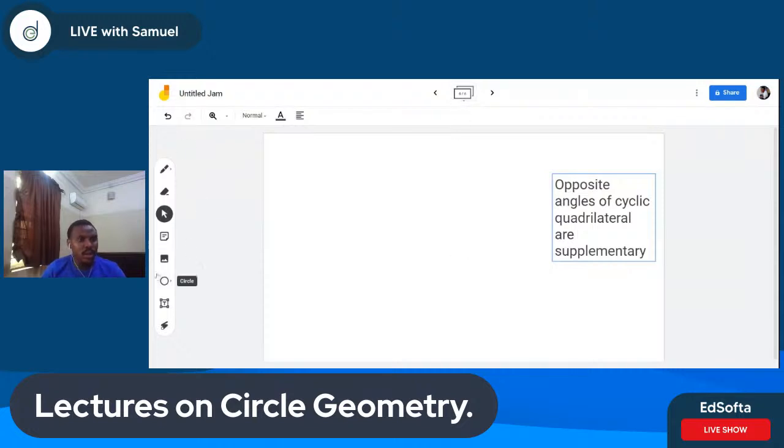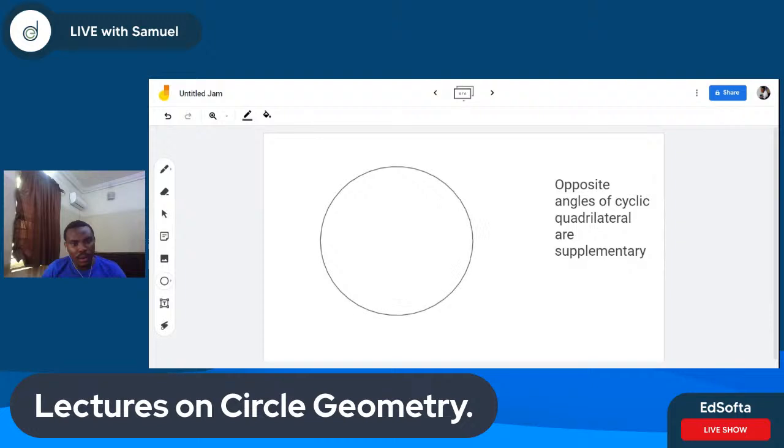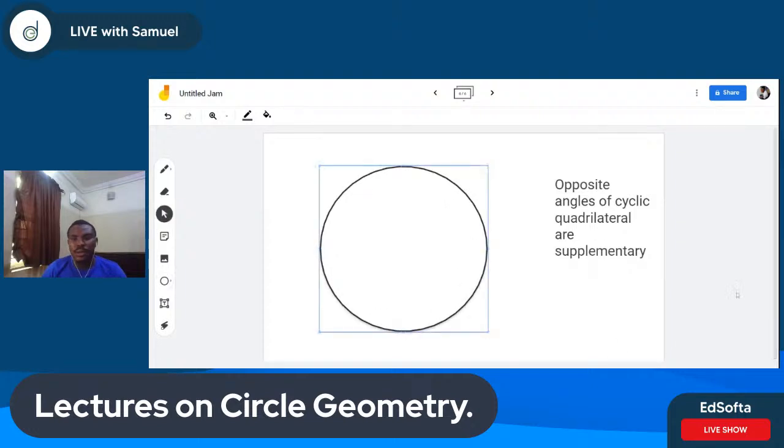So what's a cyclic quadrilateral? That should be the first question. A cyclic quadrilateral is a quadrilateral, not necessarily a square, inside a circle. So it's still a quadrilateral, has all the features of a quadrilateral, but it is inside a circle.